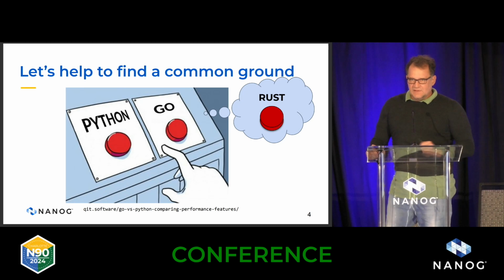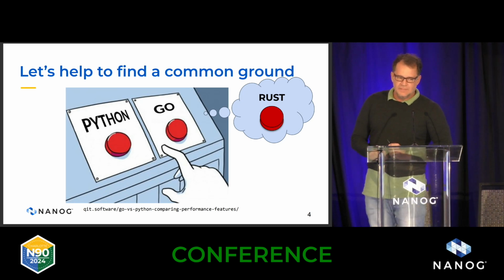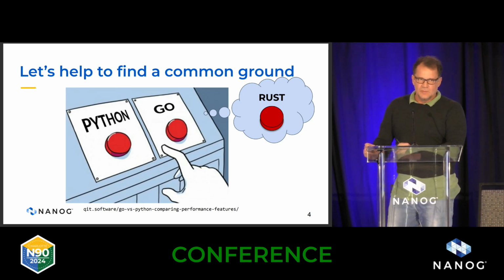So we can find this beautiful picture on the internet, which is Python versus Go, because this fight has been going on for some years. But I would say that Rust is coming, and it's coming a little bit. So I put this as a funny idea here to add another button. If you get confused between Python and Go, you're gonna get more confused now with Rust.